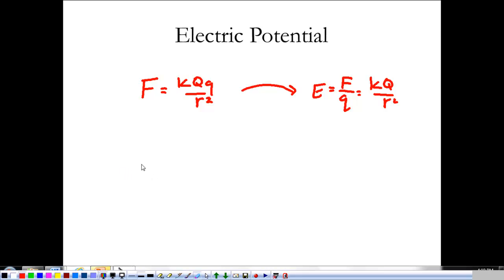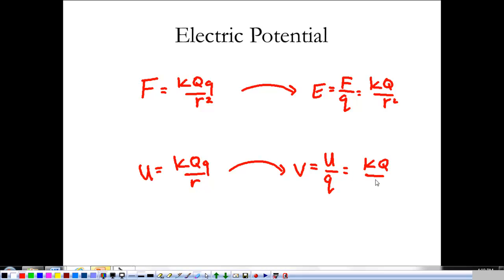Well, likewise, we have electrostatic potential energy, that's KQQ over R, and we're going to look at it in terms of electrostatic potential energy per unit charge. So instead of looking at the electrostatic potential energy between 2 charges, we're looking at energy per unit charge in space because of the charges around it. We call this potential difference or voltage, and that's just KQ over R.